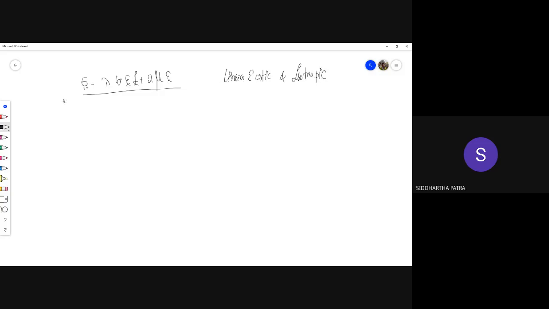Now, this expression is the necessary and sufficient representation of linear, elastic, and isotropic behavior. I'm not going to prove that this is the necessary condition, but that this is a sufficient condition, I can prove that.